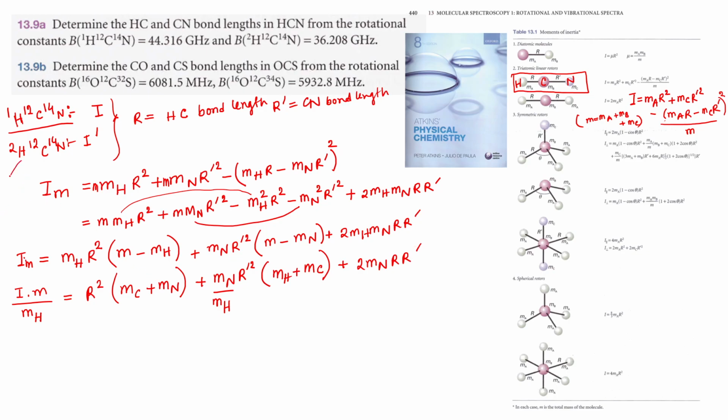Similarly, from here what we are going to get, I dash, m dash, and mh, so here also you are going to get r square. The bond lengths are not going to change, the masses are not going to change, but the mass of deuterium has changed, right?